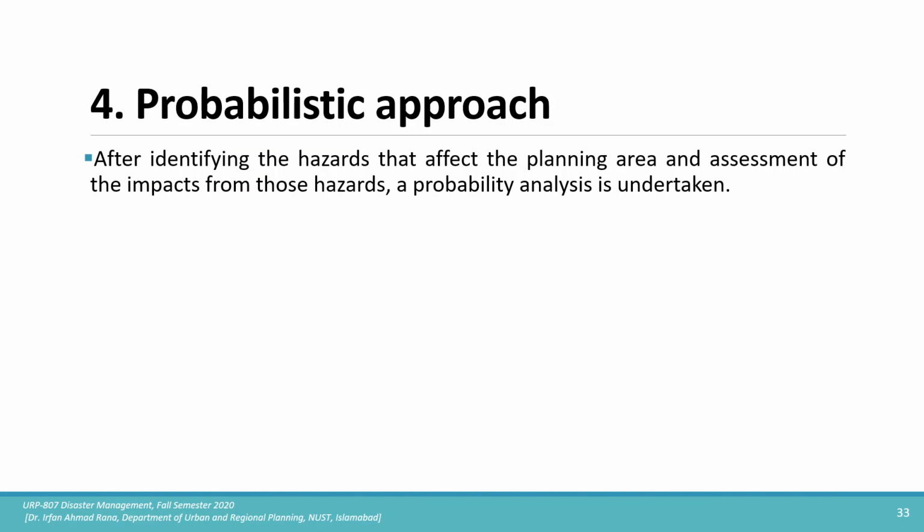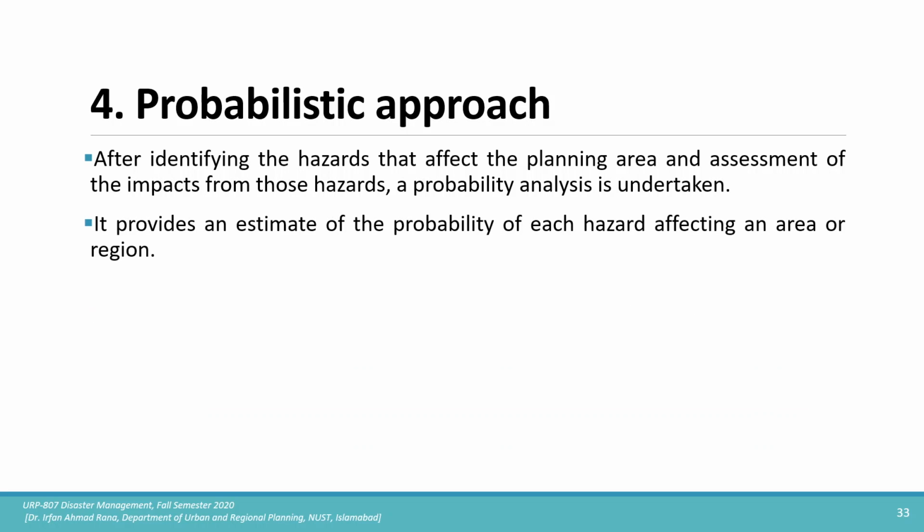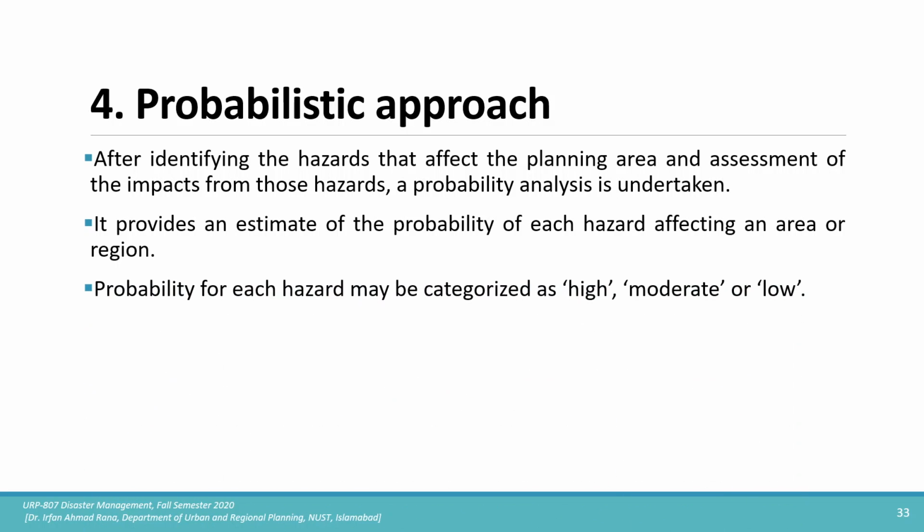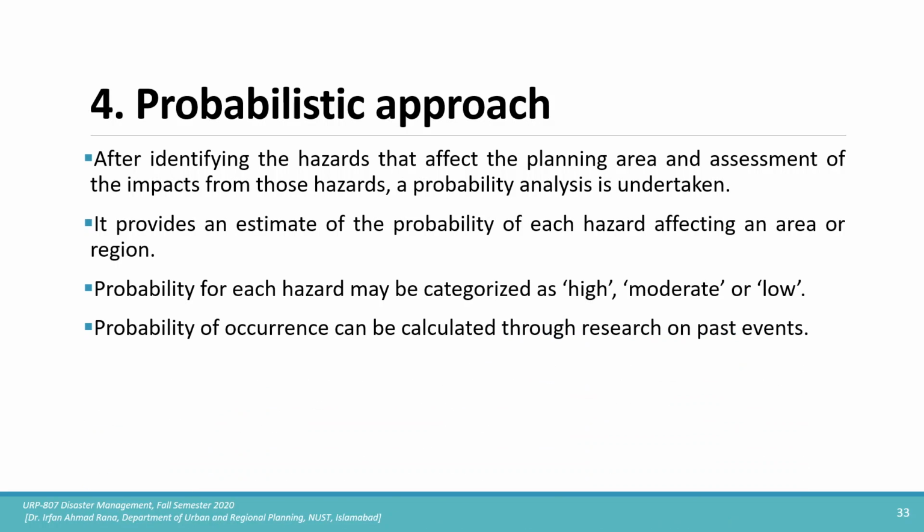So another approach is the probabilistic approach, in which, depending on the data and the time periods, we play with the probabilities. When will a certain hazard of a certain magnitude occur in an area? That is the probabilistic approach, and it can be quantifiable or it can go into qualitative mode as well.